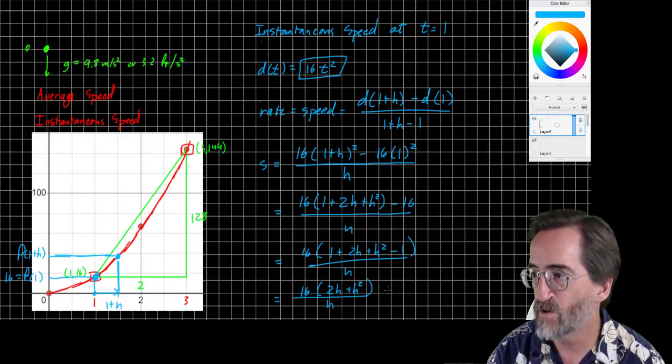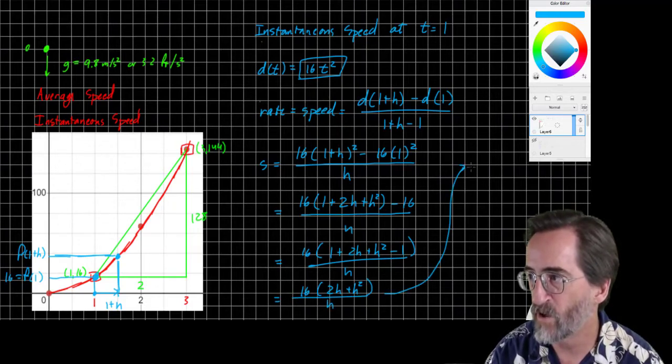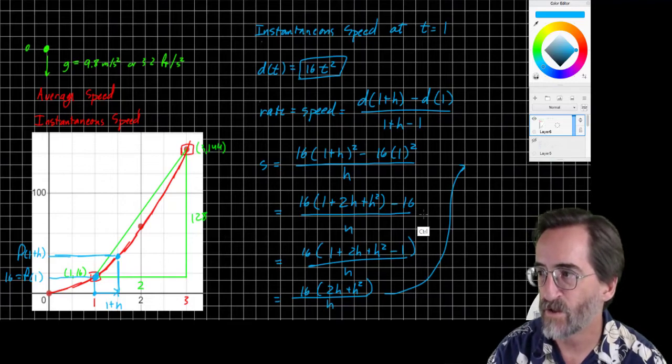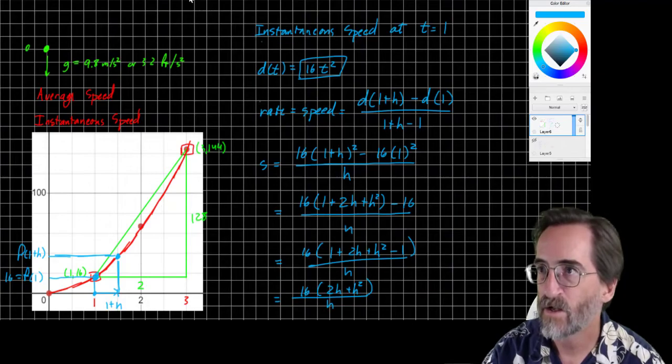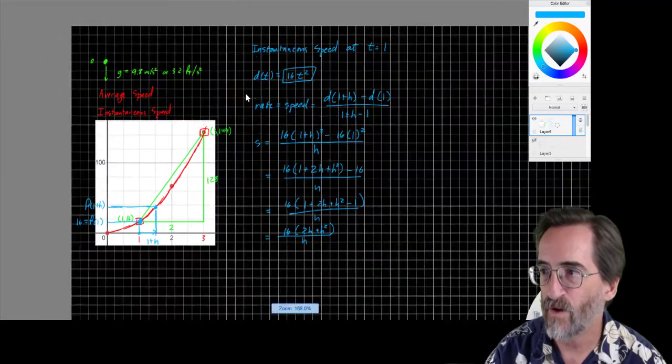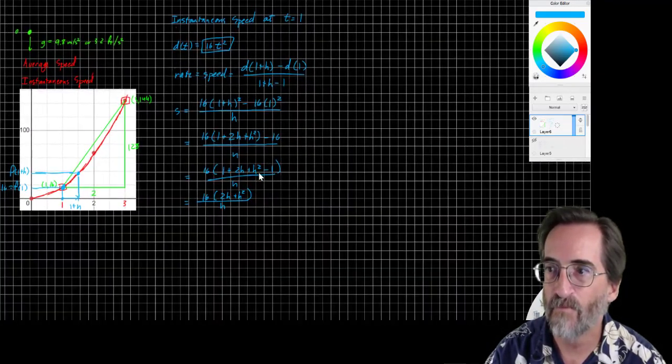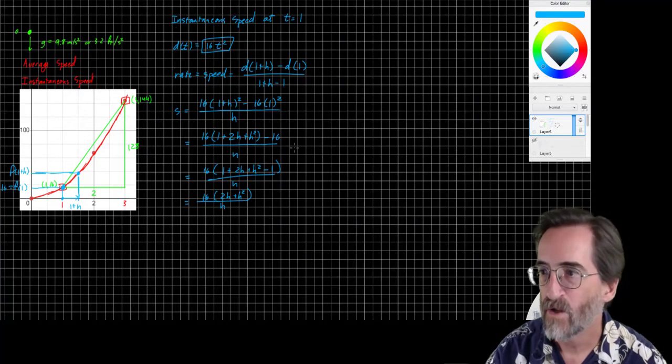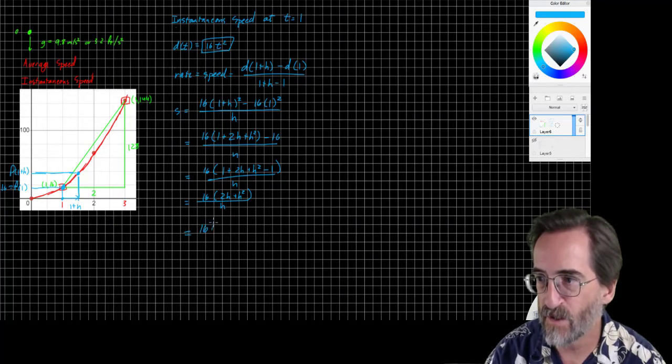And now, let's just shrink it, okay? Because we're going to run out of room if we don't. So now, factor an h out and cancel it with the h in the bottom. 16h times 2 plus h divided by h. The h's cancel, leaving 16 times 2 plus h.